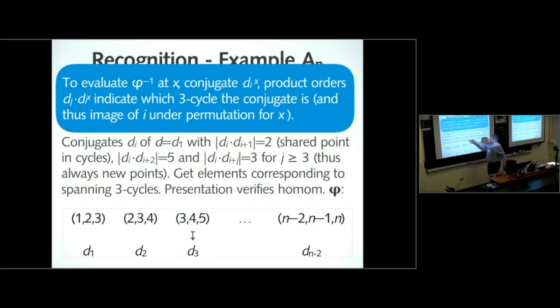Well, if I want to know, for an element X, what is the permutation image, I conjugate, say, the generator D1 by X, then I know that conjugate must involve the points 1 to the X, 2 to the X, 3 to the X. That's how conjugation of permutations works. And by looking at orders of products with these generators, I can find out exactly which numbers are involved, and from that basically build the permutation.